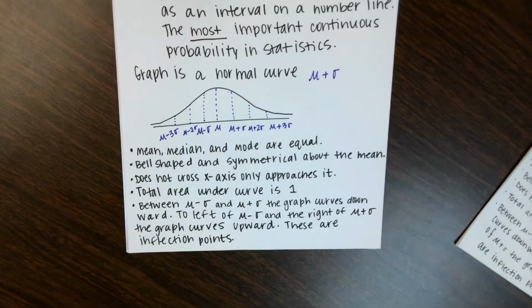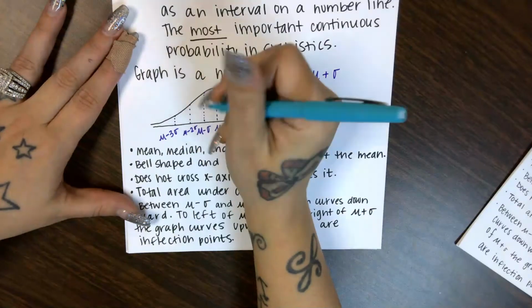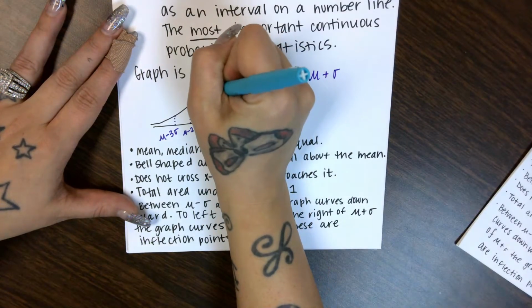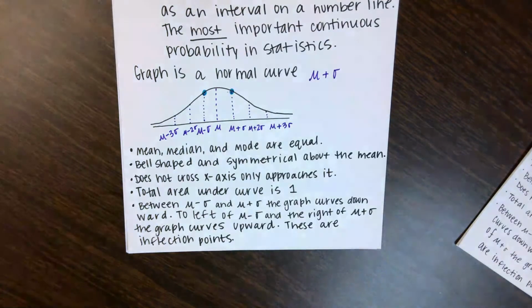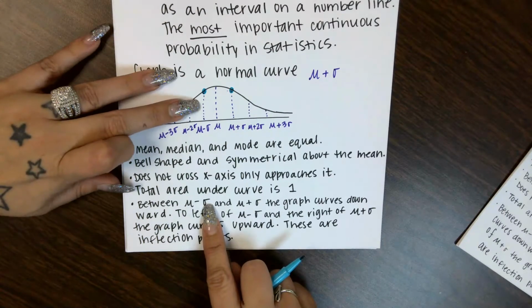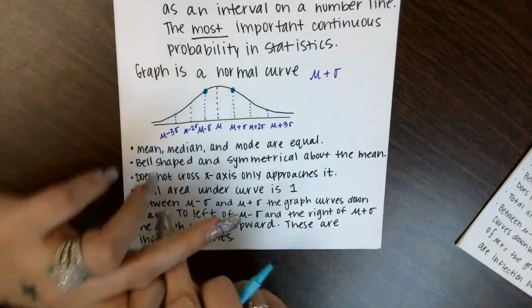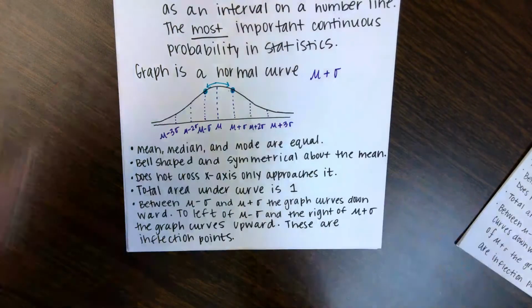If it goes from curving upward to, oh, now it's curving downward, that would be an inflection point. And you're going to have one that occurs on both sides of your graph. So right here at your mean minus one standard deviation, and then at your mean adding one standard deviation, I've got two dots that I've drawn there. It said between this point and this point, the graph curves downwards, so there I'm going down.